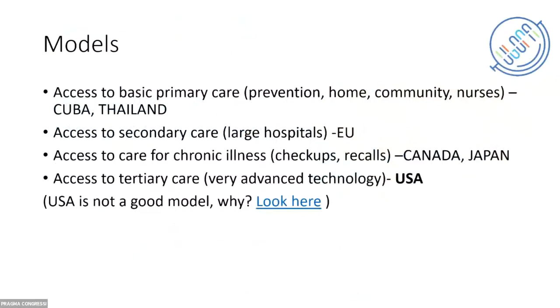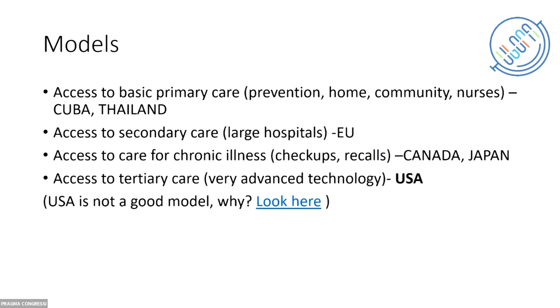Okay, yeah. So the problem, as I mentioned to you, for attaining health equity across the globe, is the problem of selecting the right kind of healthcare model. There are different healthcare models across the globe.